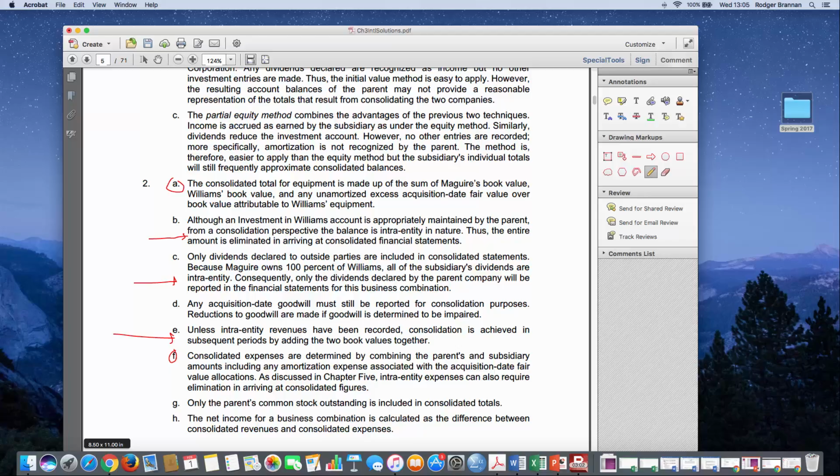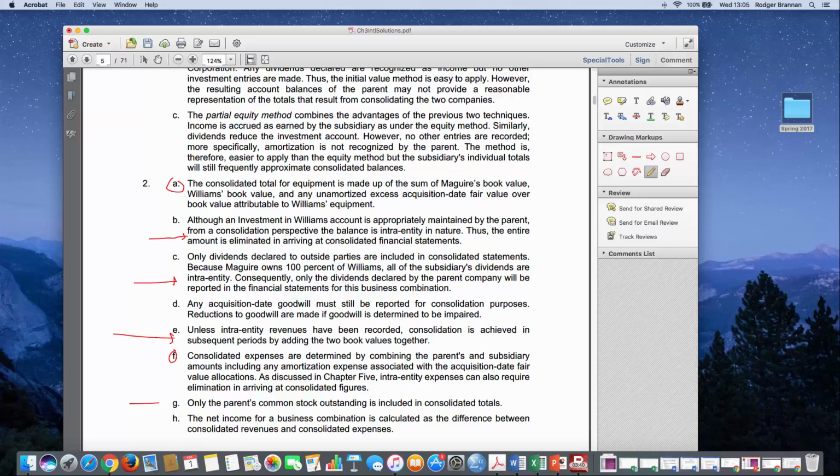They're the sum of both the parent's expenses and the subsidiary's expenses, plus whatever amortization would have taken place because of the adjustment to fair market value of the subsidiary's assets. Now, that amortization could be an additional debit entry to essentially increase expenses. And as one of the problems demonstrated, if you have to write down an asset, then you could end up with a credit entry, sort of a negative expense that would adjust the expenses downward.